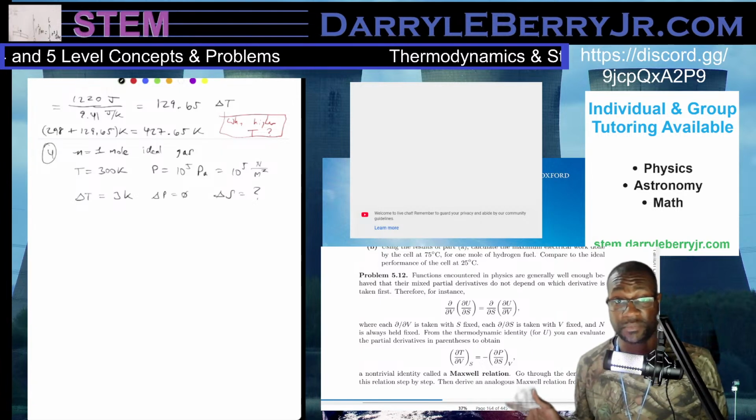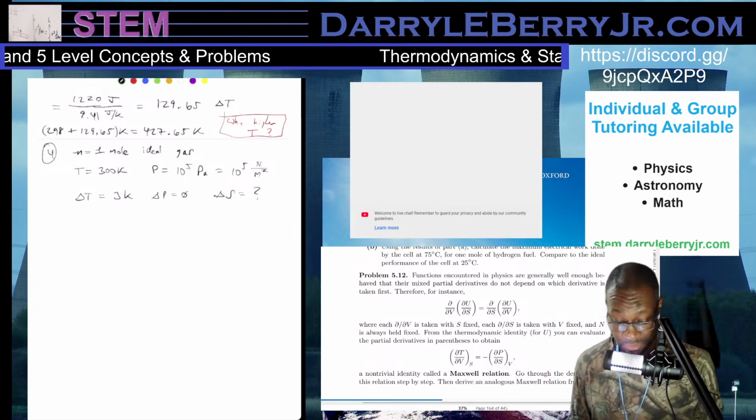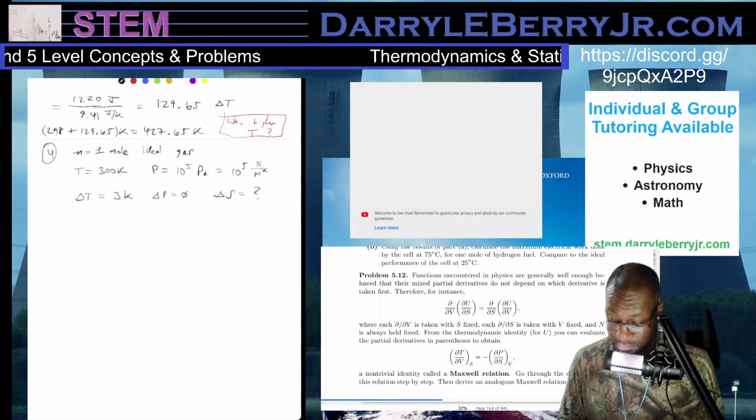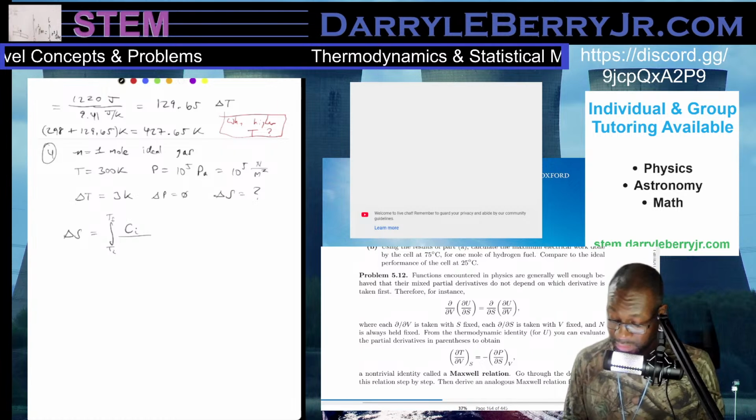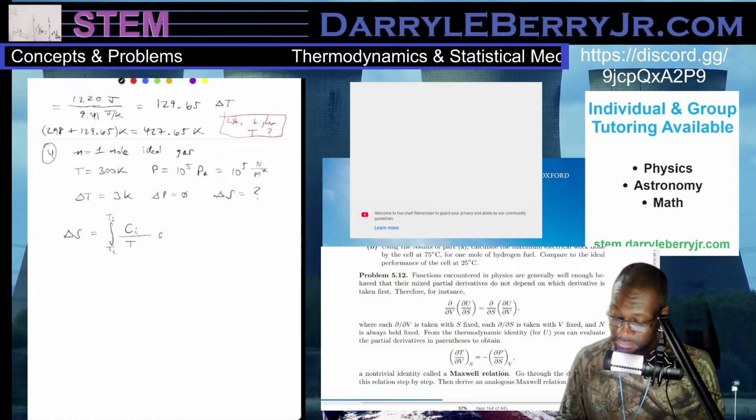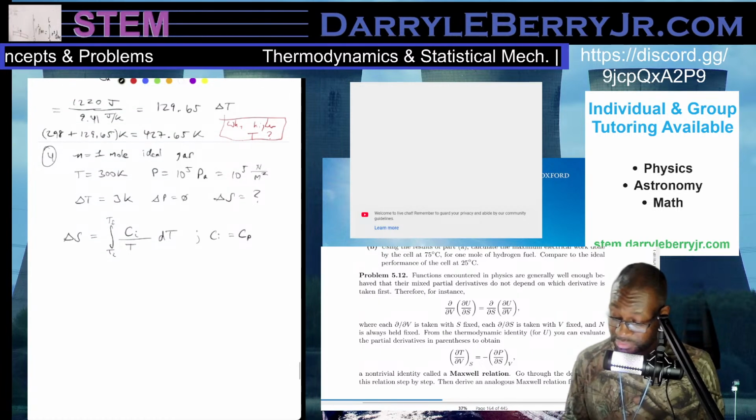So with this problem here, we could just use a simple formula. We can say change in S equals the integral from Ti to Tf of C, which is the heat capacitance as it relates, divided by T dT. And here C equals Cp since the pressure stays the same.